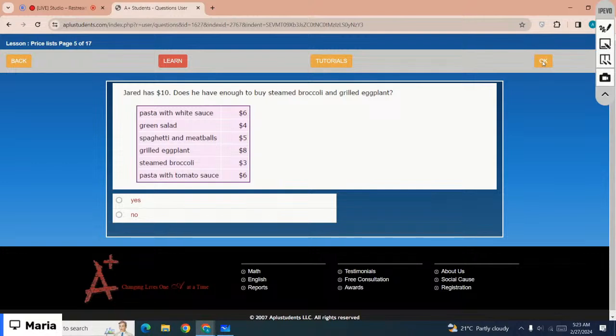Jared has $10. Does he have enough to buy steamed broccoli and grilled eggplant? So which is the correct option?